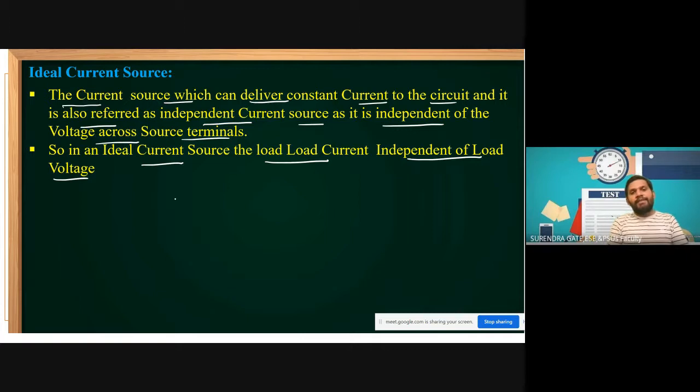Now see, this is the representation of an ideal current source. Whatever the load voltage, or whatever the load, the current remains constant. Then it is treated as an ideal current source. Let us assume that across this current source we connect a load.